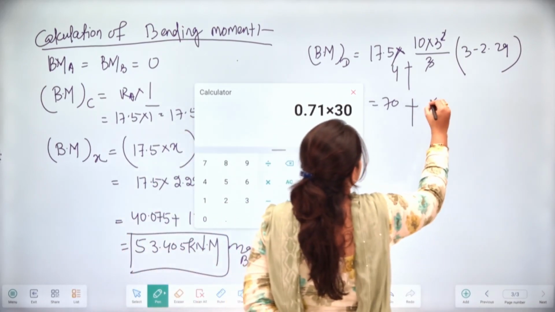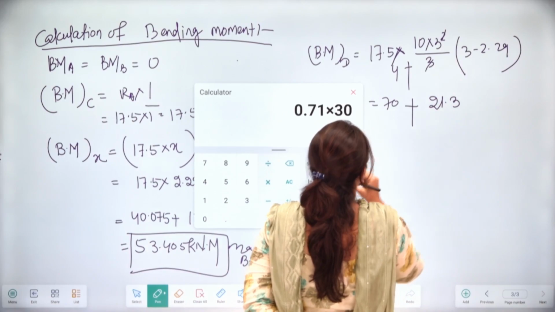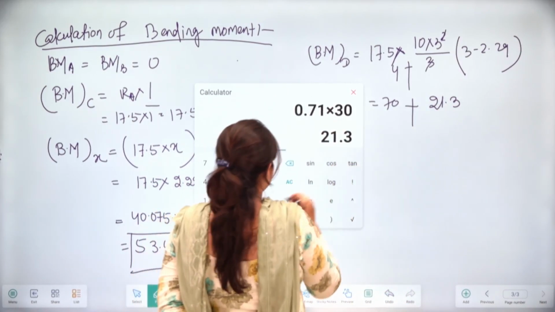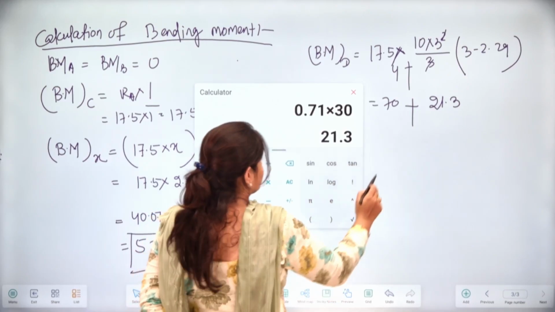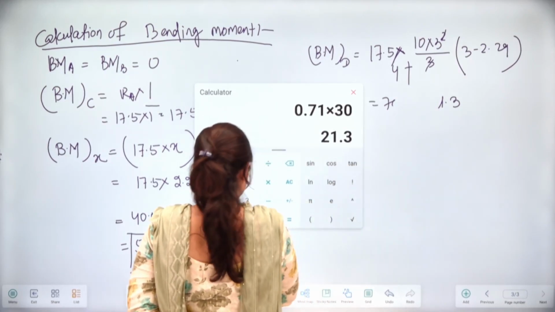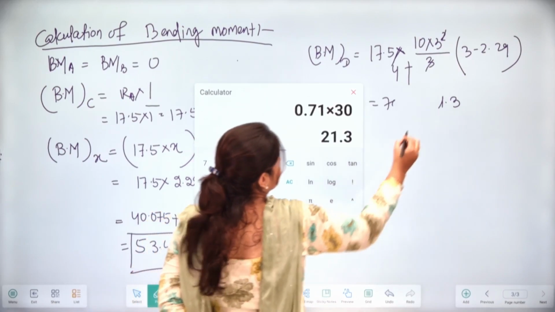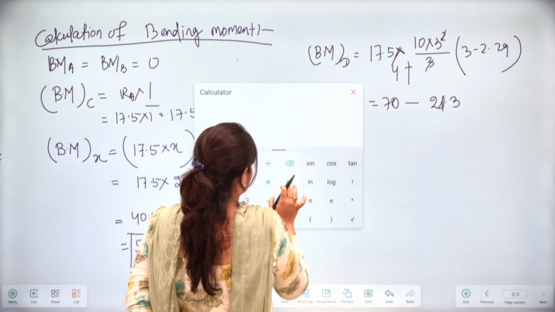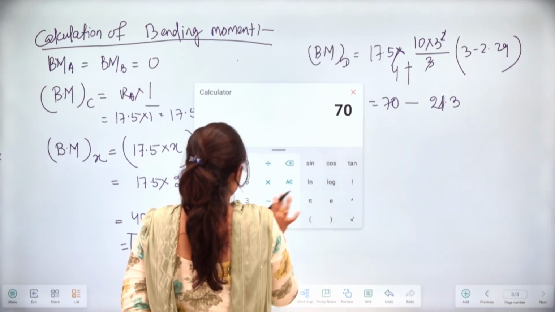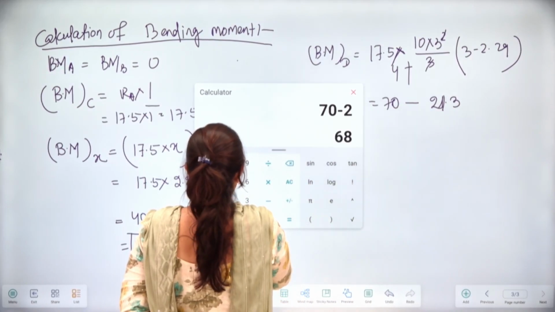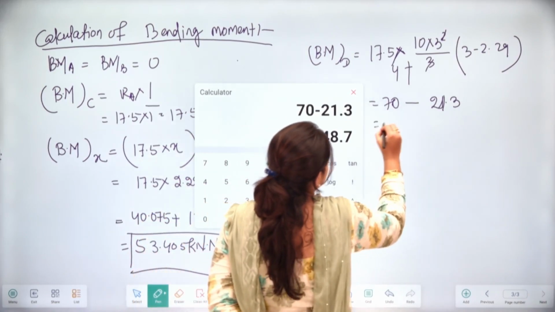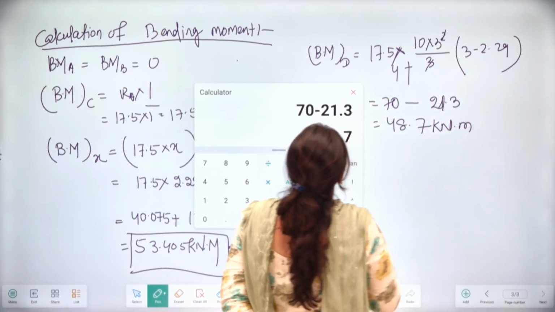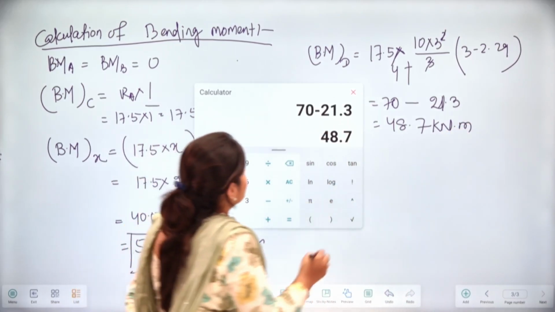That is 21.3. It will be your minus. So 70 minus 21.3, that is 48.7 kilonewton meter.